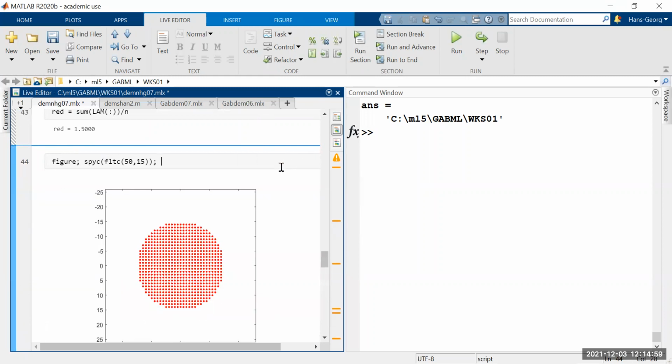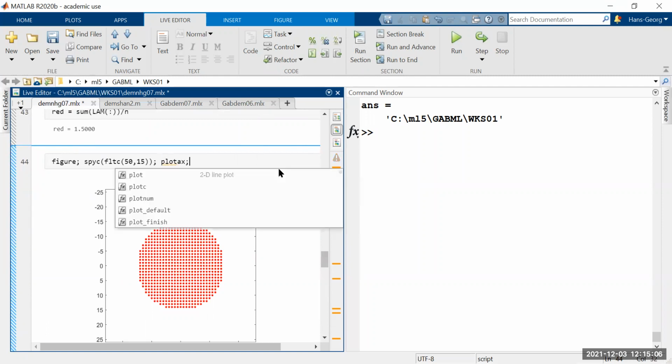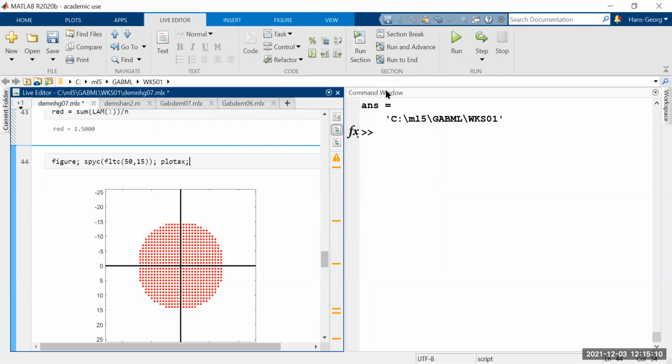The next one I want to tell you about is a routine which is called create circular filter. So we will use this maybe later just for filtering, maybe in the two-dimensional setting.